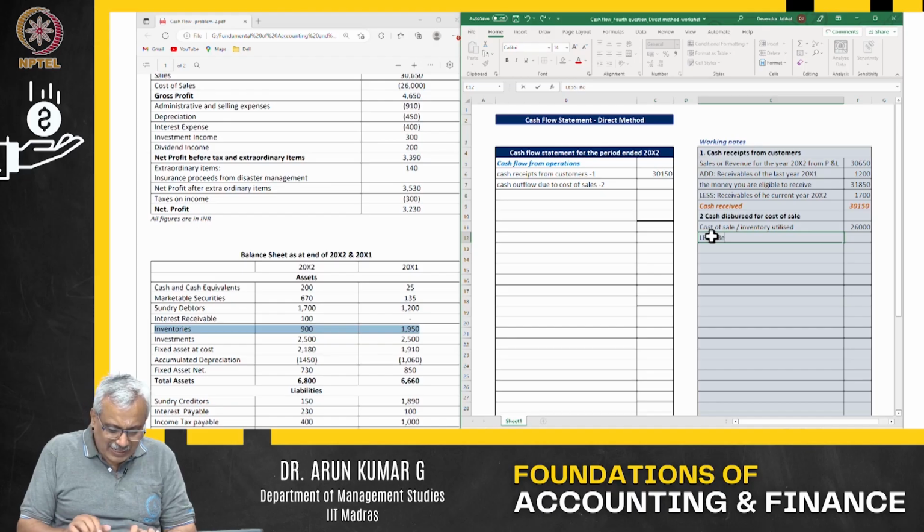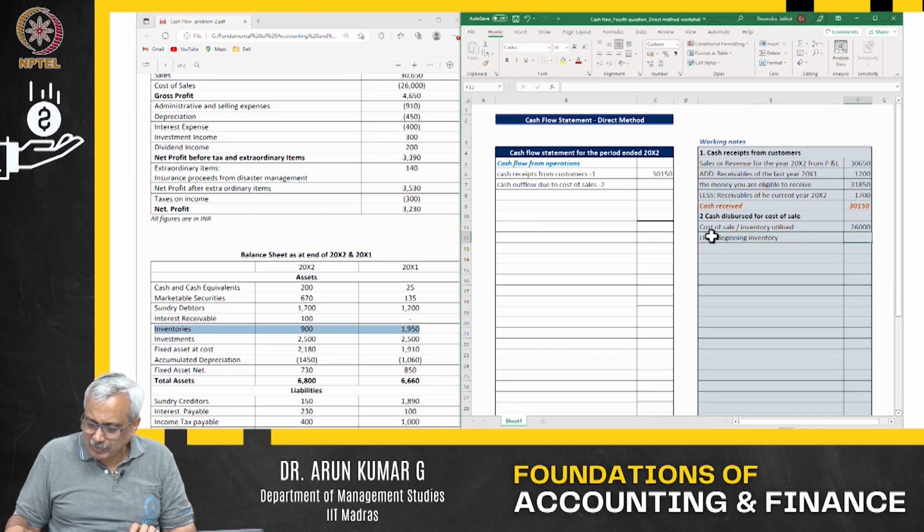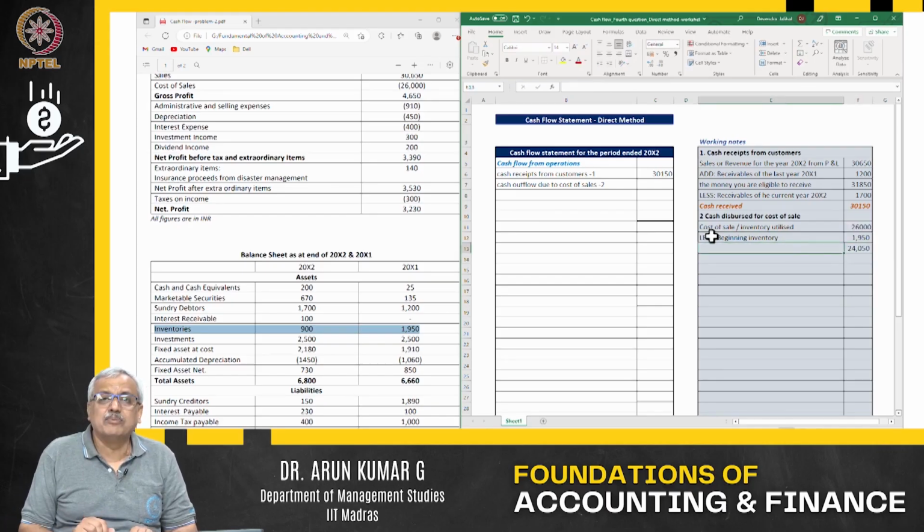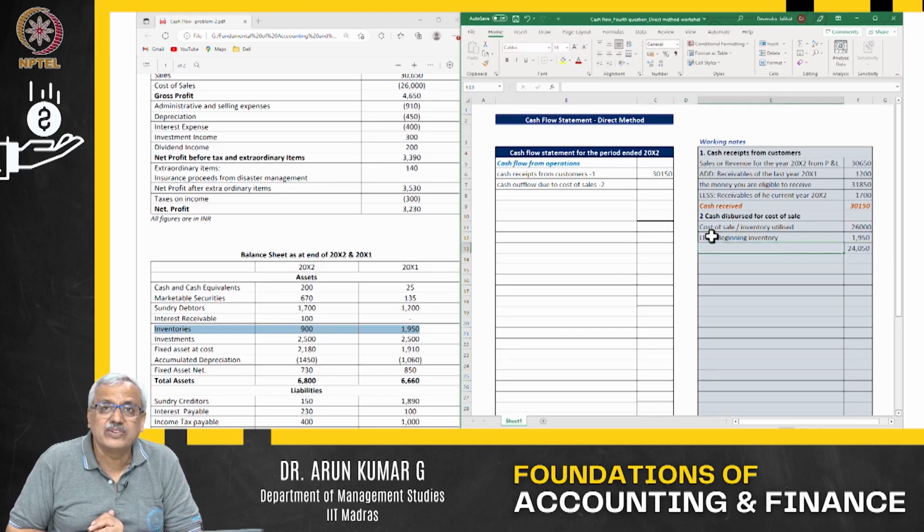So, I reduce my beginning inventory of 1950, and the inventory that I would have ideally bought is 24,050.